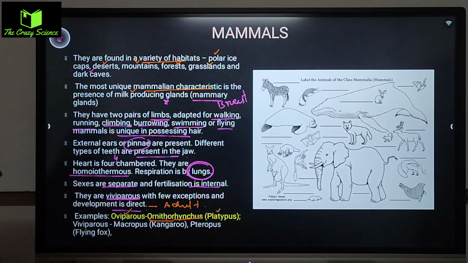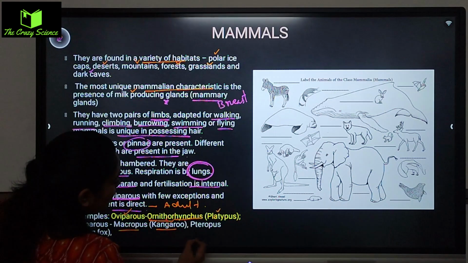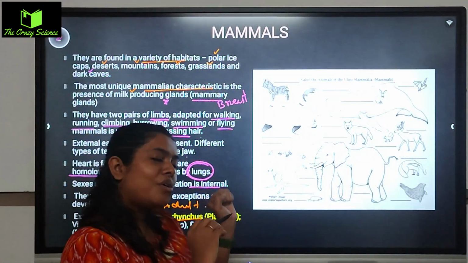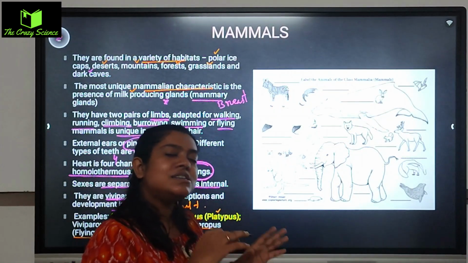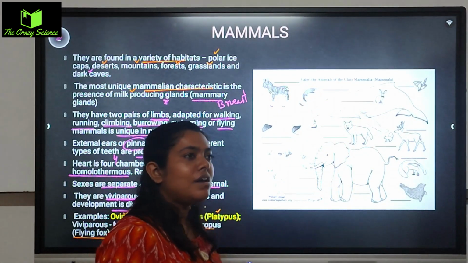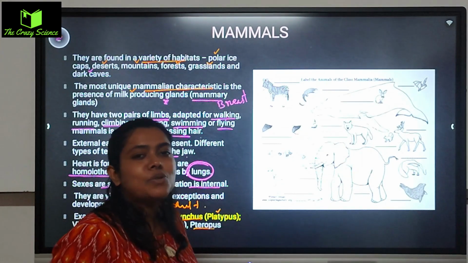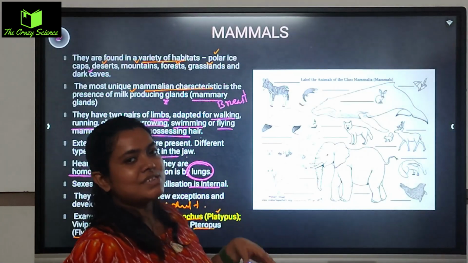Viviparous ones include Macropus (kangaroo), Pteropus (flying fox), humans, elephants and others, all that feed babies with mammary glands and carry babies in their body. They are all counted under the mammals.